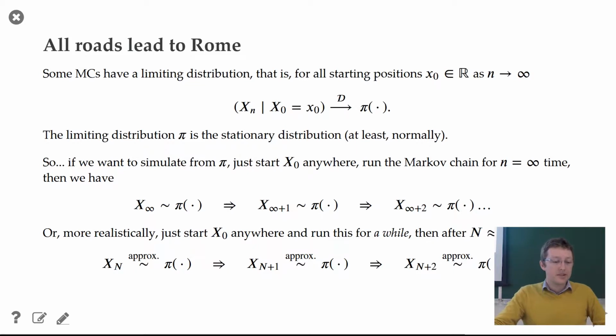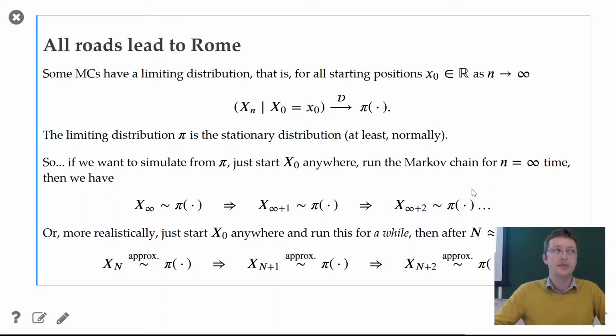Here, what I've written is that to simulate from pi, you start x0 anywhere and run it for n equals infinity time. So that's a perfect world. If you run it at n equals infinity, then at that point it'll be distributed as pi, and infinity plus 1 is also distributed as pi, and infinity plus 2 is also distributed as pi. Obviously we don't have the patience to let anything run for an infinite amount of time.